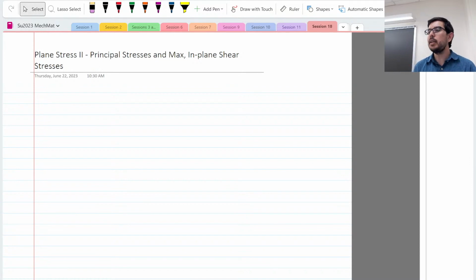In session 18, there's quite a bit of opportunity to look at what the transformation equations provide. And you can do a lot of this numerically.